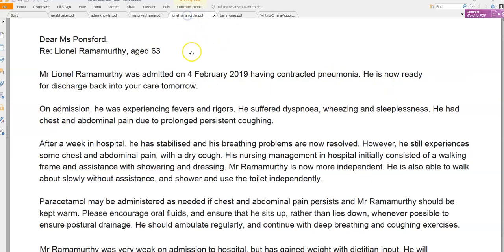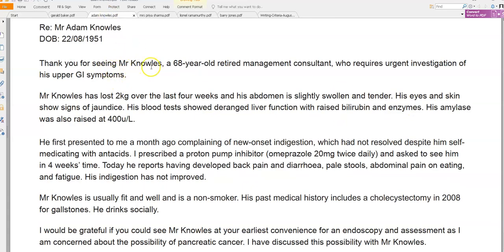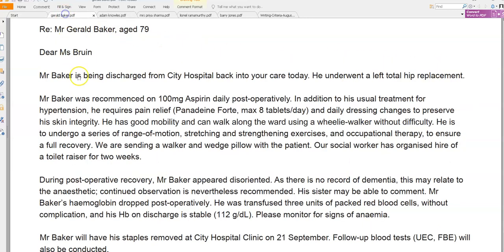If we look at this next one, admitted, now ready for discharge. Thank you for seeing. Why? Further management of the blood sugar levels. Thank you for seeing Mr. Knowles. Why? Urgent investigation. Being discharged, underwent a left total hip replacement. There's nothing about highly appreciating, and why would it be highly?